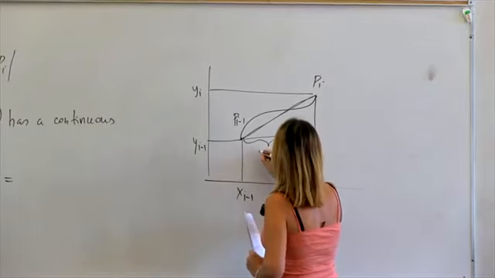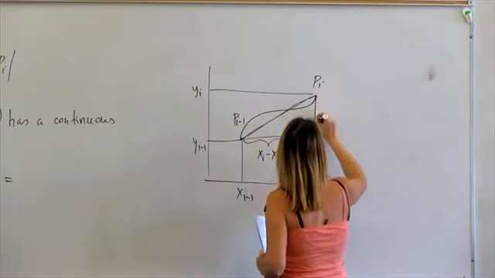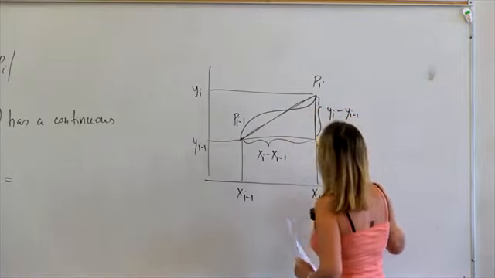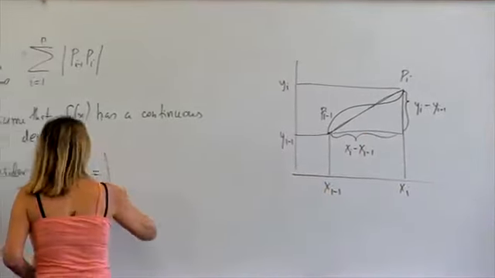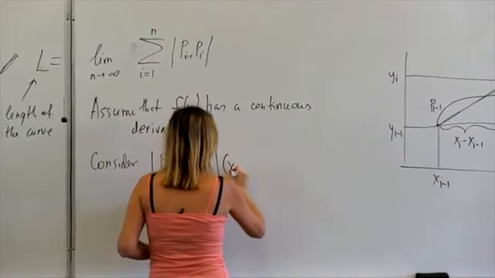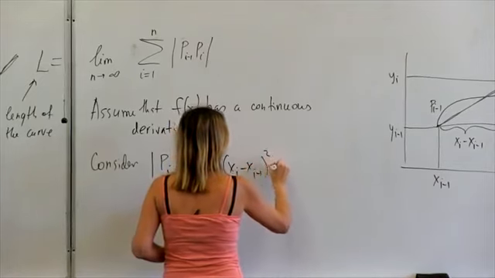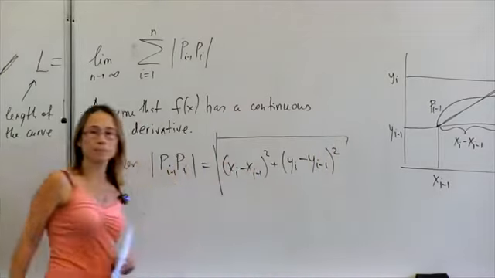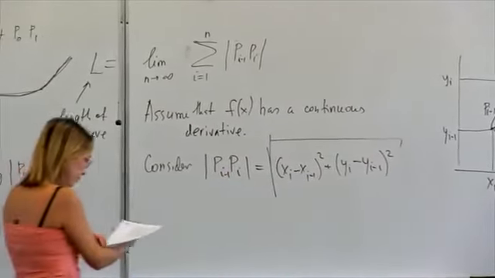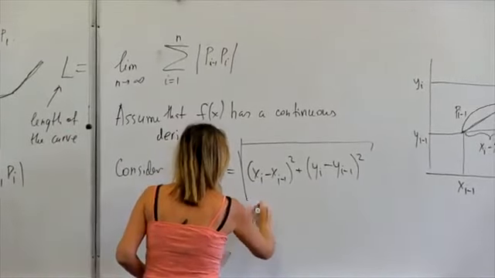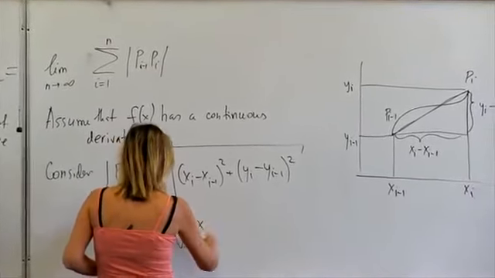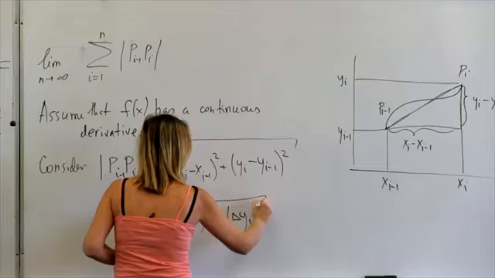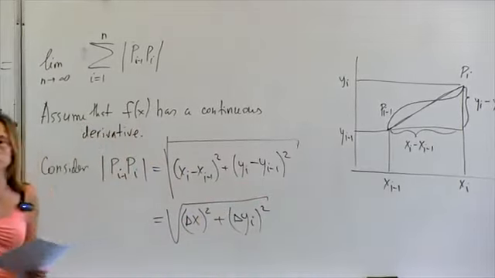This side is x_i minus x_{i-1}, and this side here is y_i minus y_{i-1}, right? So to calculate this length, we take a square root of the following familiar expression. Okay? So that's pretty clear. We can also denote it as the square root of delta x squared plus delta y_i squared. This is just a notation to denote these differences.